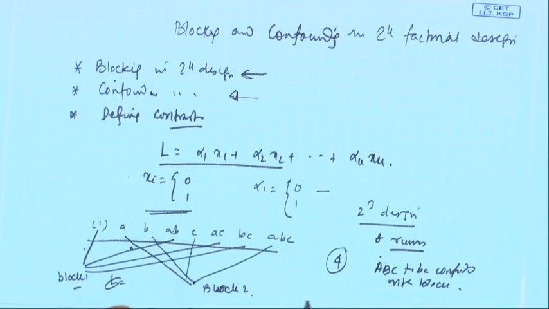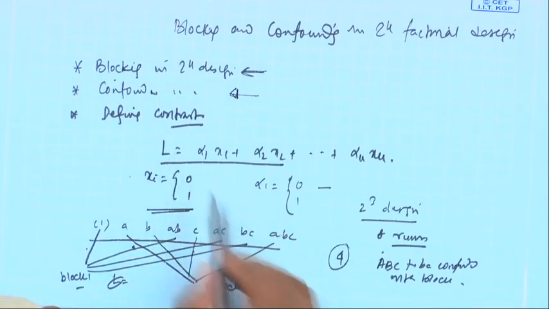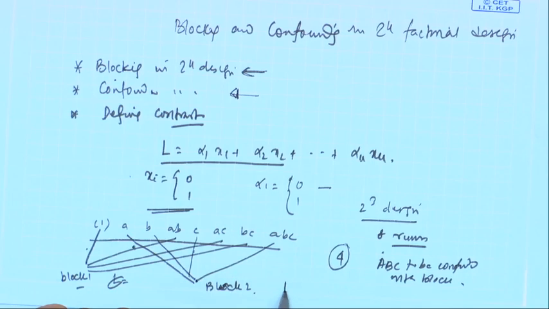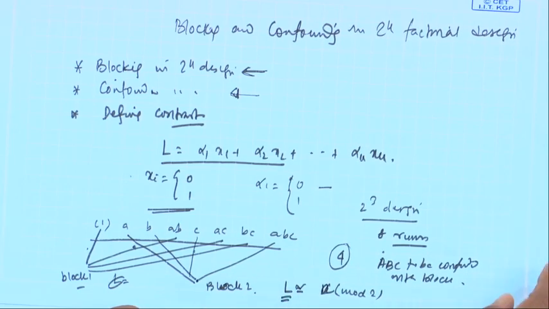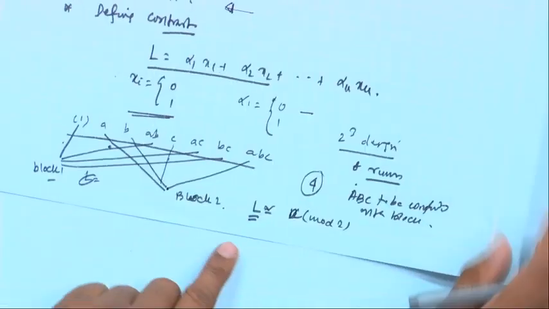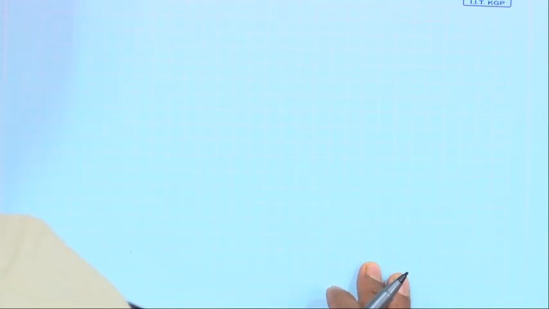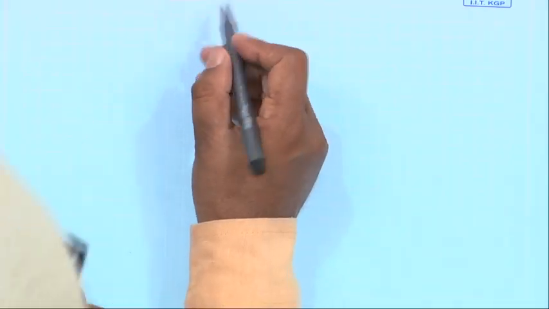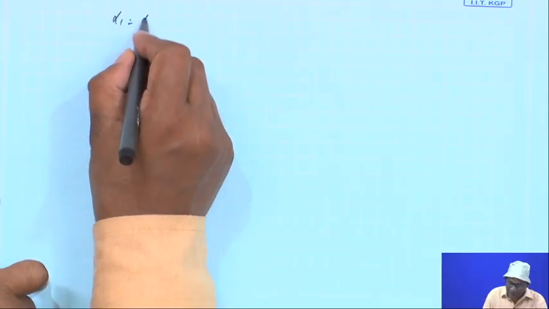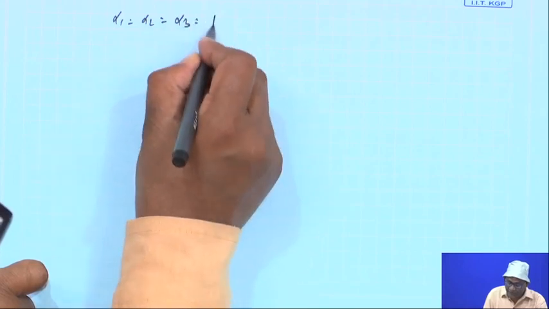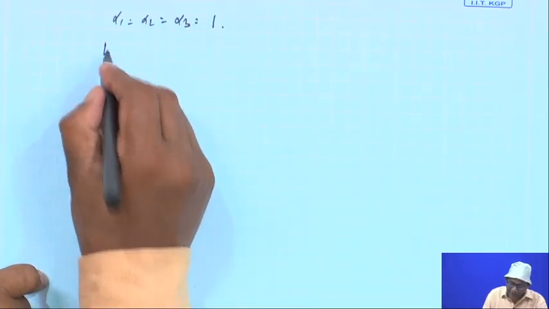How? You first find the value of L, and you write it in terms of L mod 2. For example, we have seen that if ABC is confounded, alpha 1 equals alpha 2 equals alpha 3 equals 1.